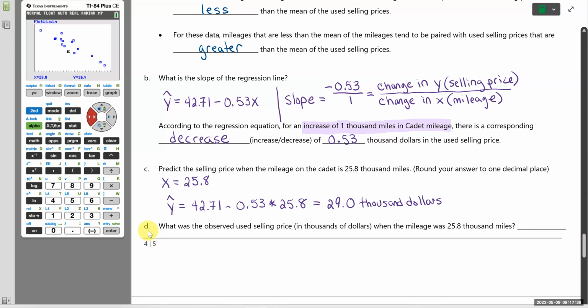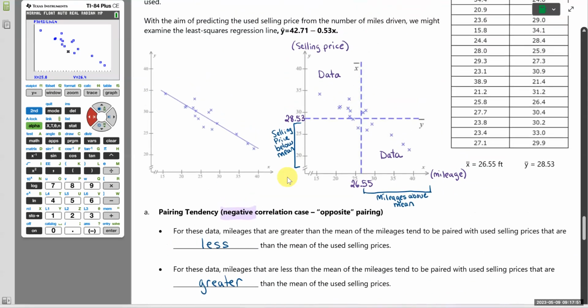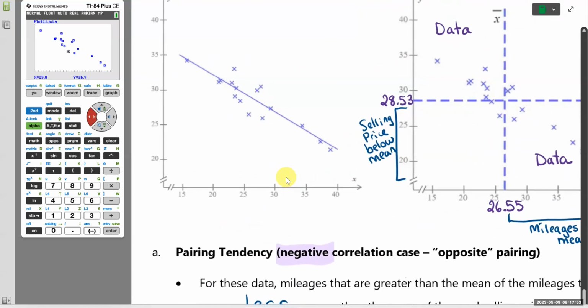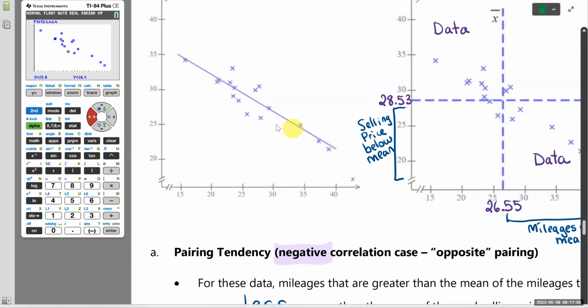And the final question then is, what was the observed used selling price in thousands of dollars when the mileage was 25.8 thousand miles. All right, so let me go up to our graph here. I'm going to look at the one here with the regression line.